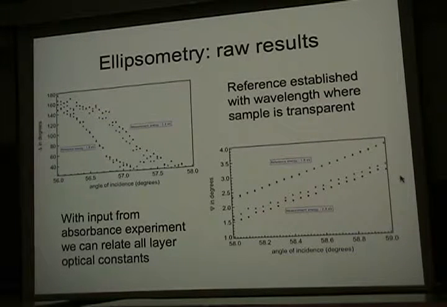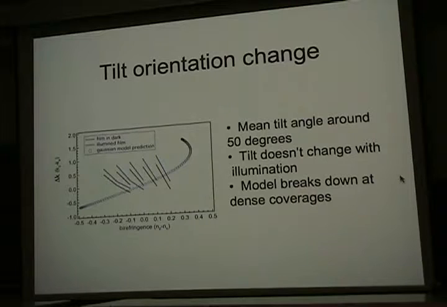If you take this ellipsometry data and the absorbance data and combine them, you can make tables of what that data means in terms of the optical constant variation of the monolayer. That's these red and blue lines here.